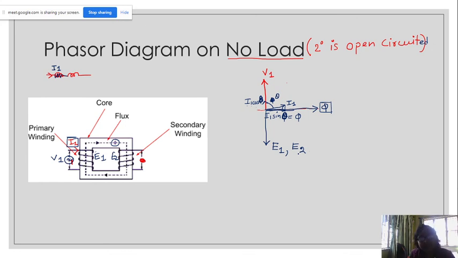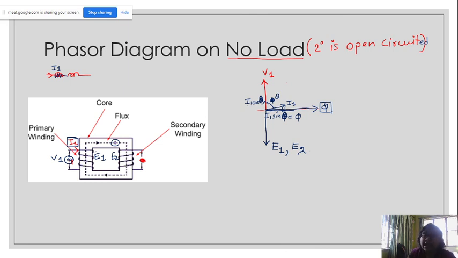Now it is an AC circuit. Depending upon the nature of the circuit, I1 will lead or lag. We found that it is a mostly inductive circuit, so I1 will lag, but there will be a certain amount of resistance, so the lagging will not be purely 90 degrees, but a lesser value than 90 degrees.